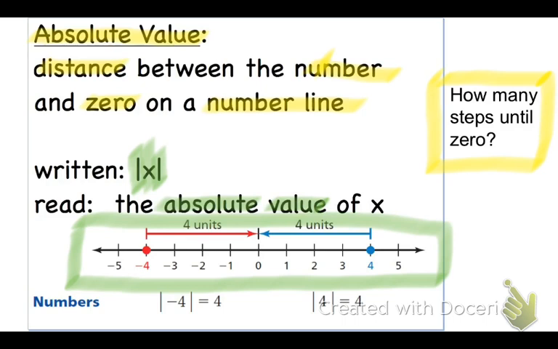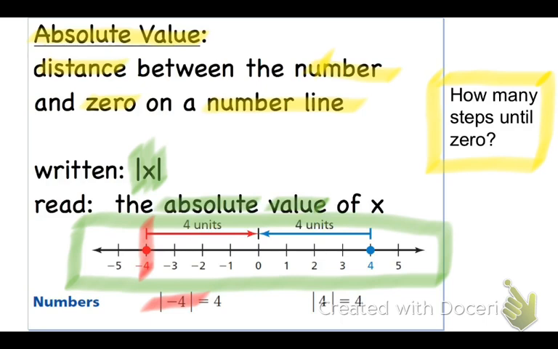Now that you have this down, let's talk about it. I'm going to change my highlighter to red. So we're going to look at this first one, the absolute value of -4. That is right here where I put the highlighter. Now, I'm going to count how many steps it takes me to get from this number, -4, all the way over to 0. Here's 1, 2, 3, 4. It took me 4 steps.